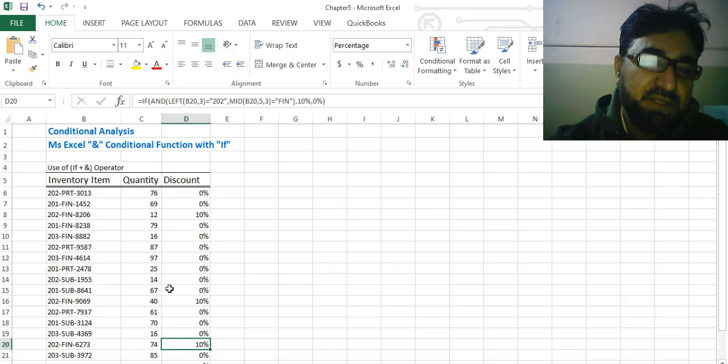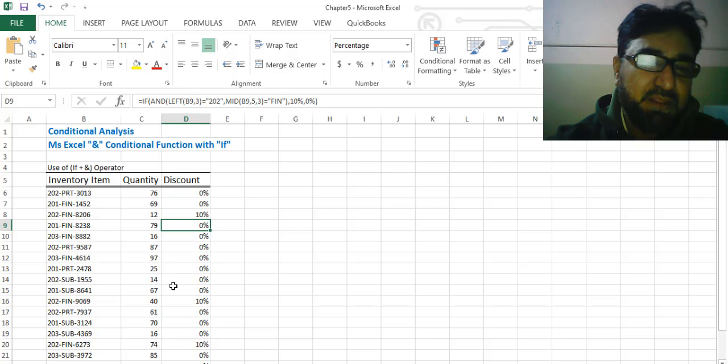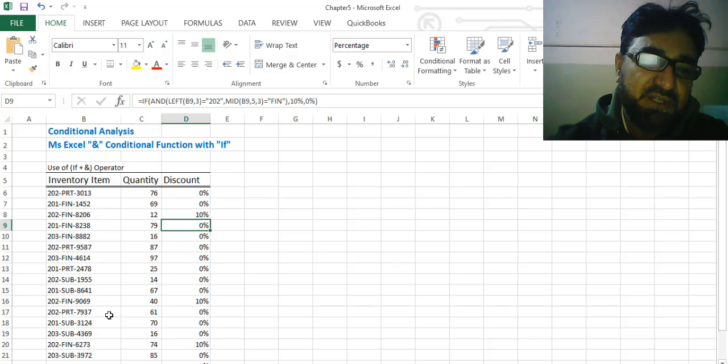So this way you can give a conditional discount, a conditional offer, which you can analyze with the already given criteria. So this is how we use the ampersand in the if function together.